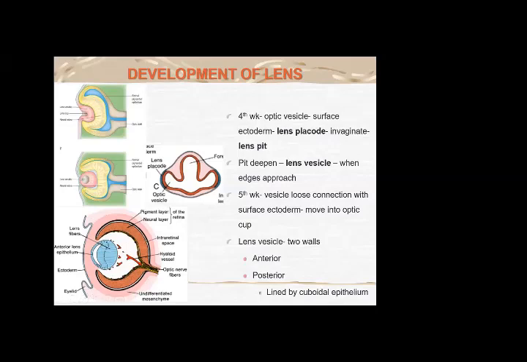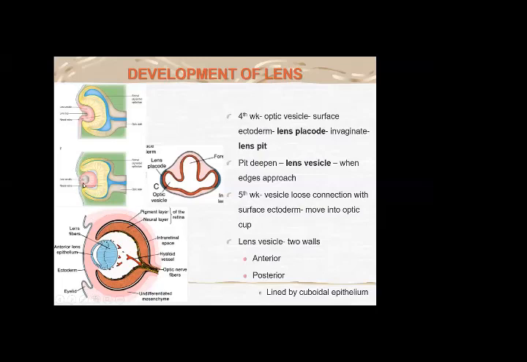So fifth week में ये जो lens vesicle है, all of this, the lens placode, lens pit and lens vesicle, develops from the surface ectoderm. But when it becomes a complete circle, the lens vesicle, then gradually, by the fifth week, it loses its connection with the surface ectoderm.